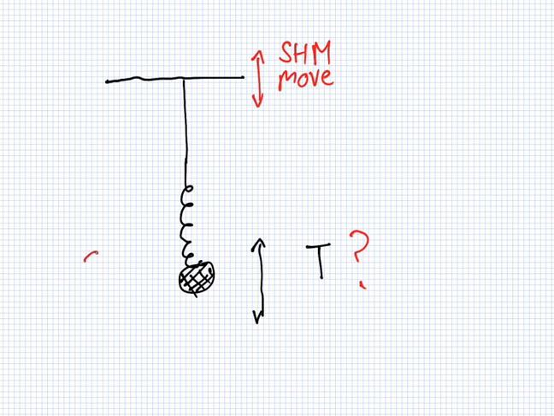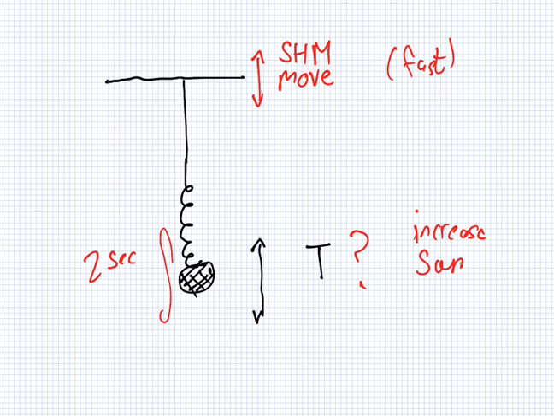For example, if this takes 2 seconds to go up and down, and let's imagine I move this really fast, simple harmonic motion, what do you think happens to this t? Goes up. Okay, so you're going to say increase. Saeed, what do you think? The same. Stays the same? Okay. Louise, any opinion?